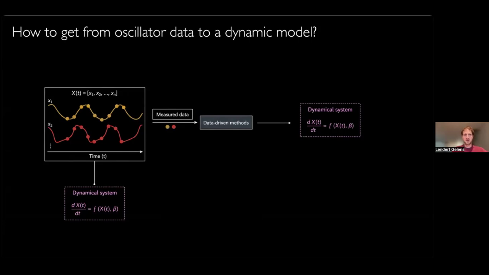So I want to discuss a few of these methods. I will discuss shortly SINDy, which is sparse identification of nonlinear dynamics. It's a method that tries to find the simplest possible set of terms from a predefined library that explains the data. I'll also talk about symbolic regression shortly, which takes a more exploratory approach. You search over all of the possible equation structures without a predefined library.